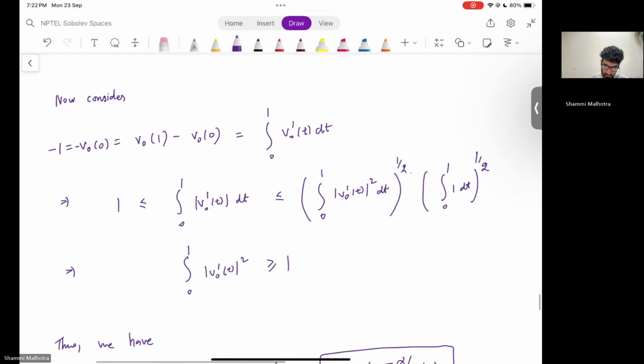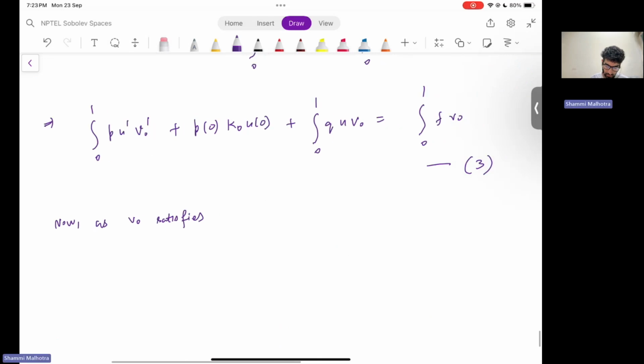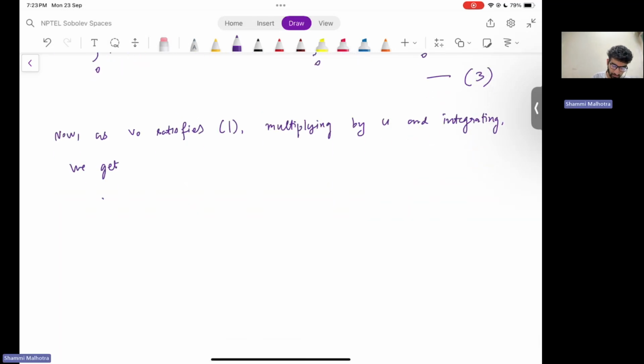So multiplying 1 by u and integrating, we get integration 0 to 1 of minus (p v naught')' u plus integration 0 to 1 q of v naught u equal to 0.